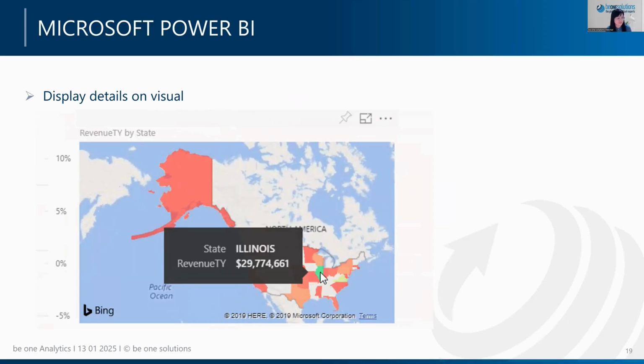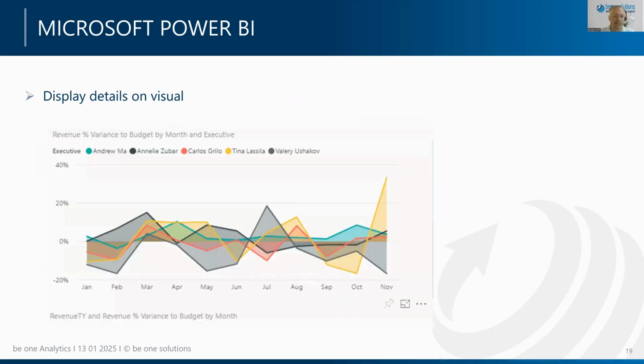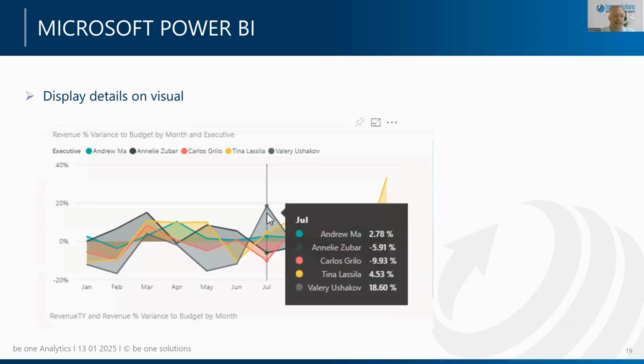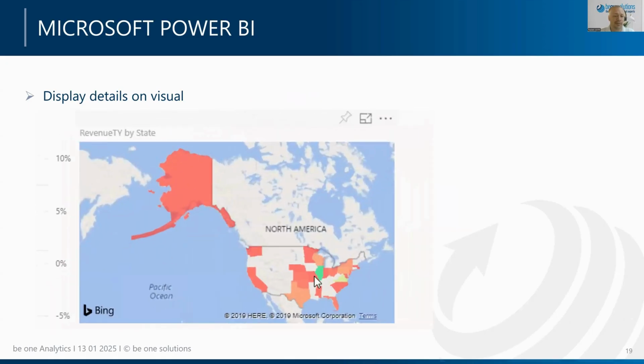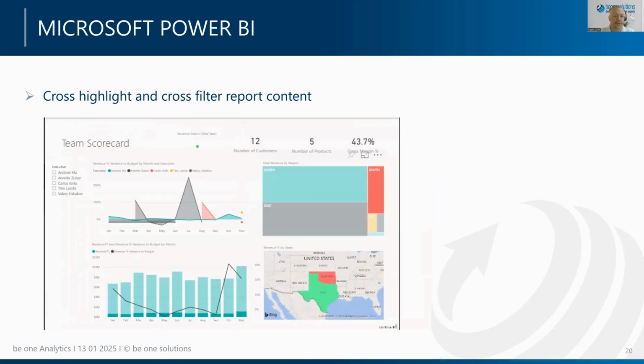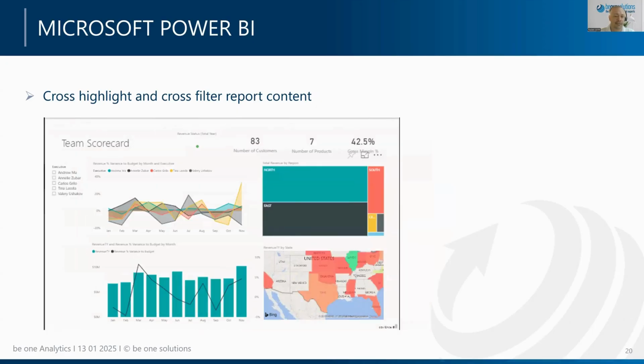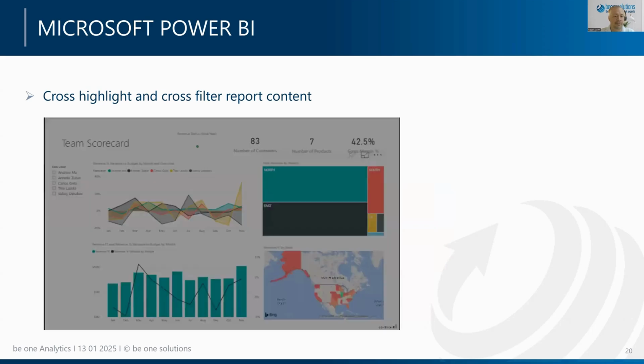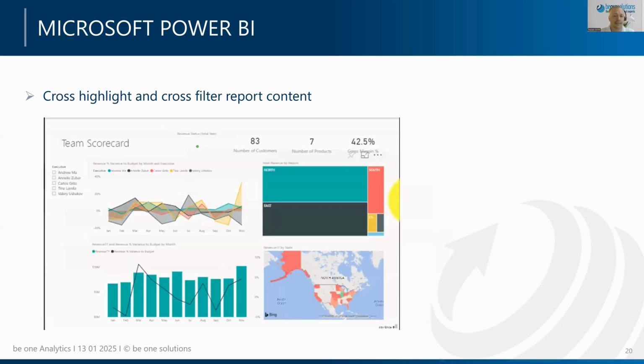You can hover over it and it will bring you more information. Also, you can see the additional data by just moving your mouse over it, and if you click on something that you see, it will automatically filter the whole segment of the dashboards if this is set up. You can see these effects here on this slide.